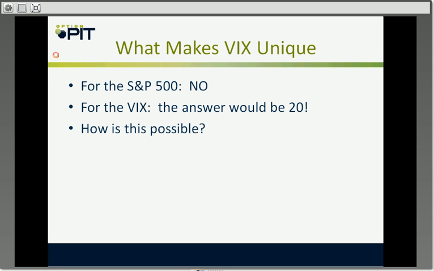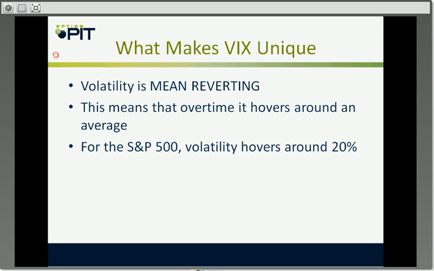The answer is yes. The answer would be 20. Why? The answer is volatility. Remember, the VIX measures volatility. Volatility is mean reverting. This means that over time, it hovers around an average. For the S&P 500, the VIX hovers right around 20.